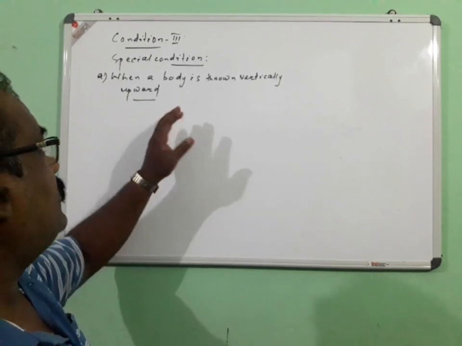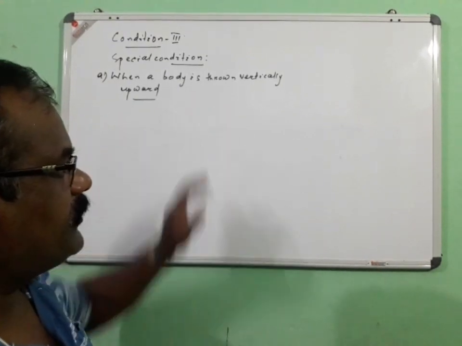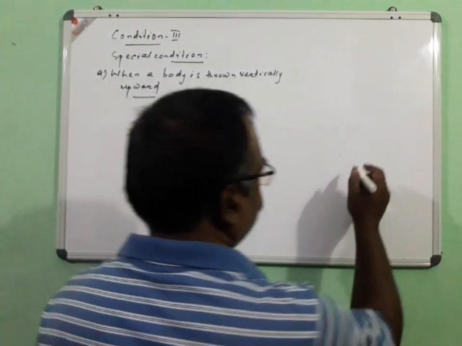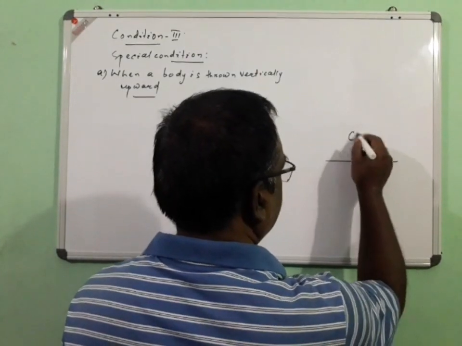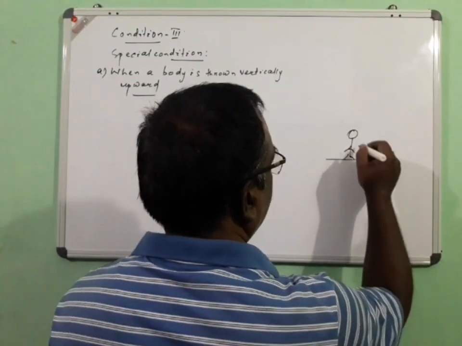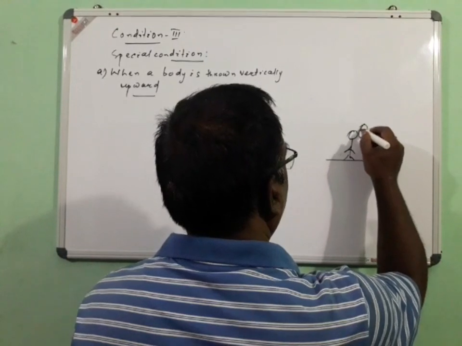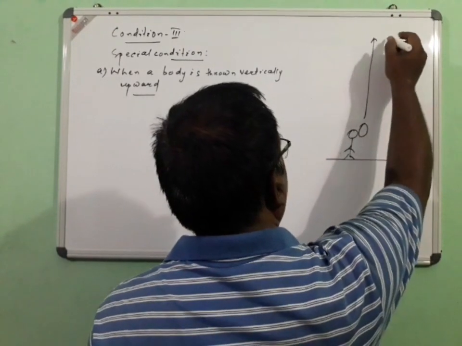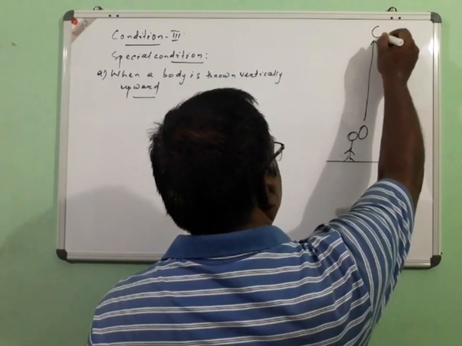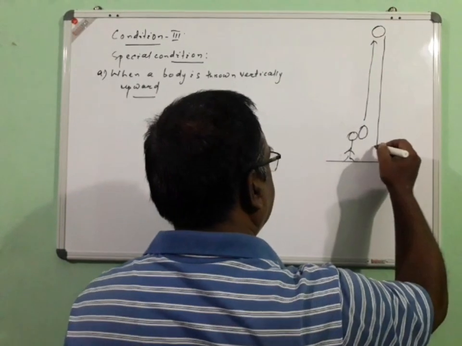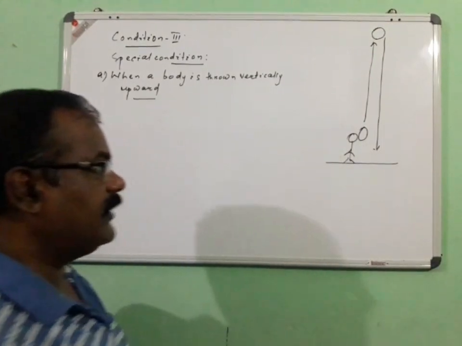Now let us consider a body thrown vertically upward. For example, suppose a person has thrown an object vertically upward, it reaches the maximum extent and then comes back to its owner.